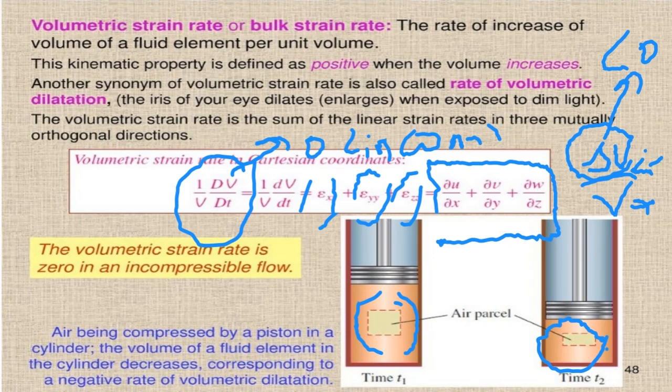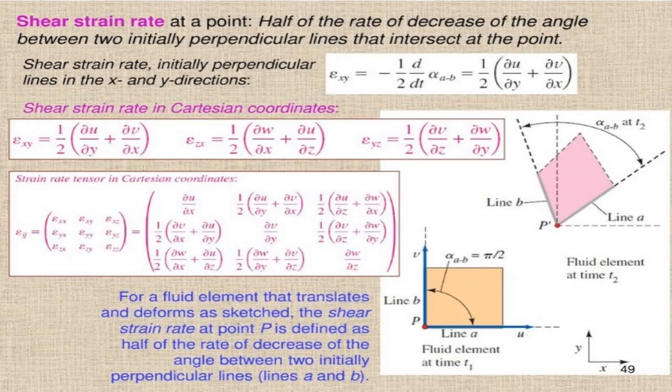The shear strain rate, the fourth type of motion in fluid particles, is the shear strain per unit time. It is calculated not only as the angular change, because in solid mechanics, when we calculate the shear strain, it was just this angle.